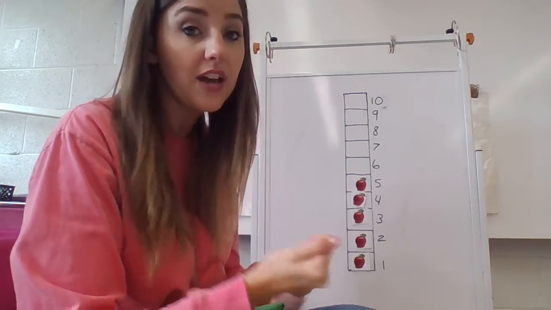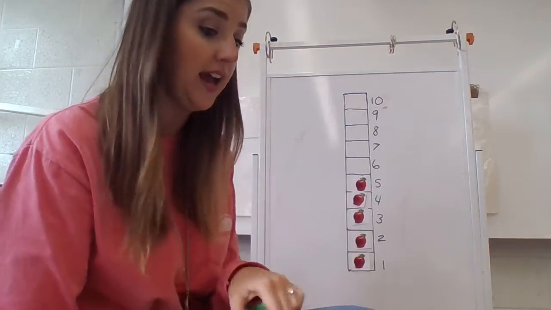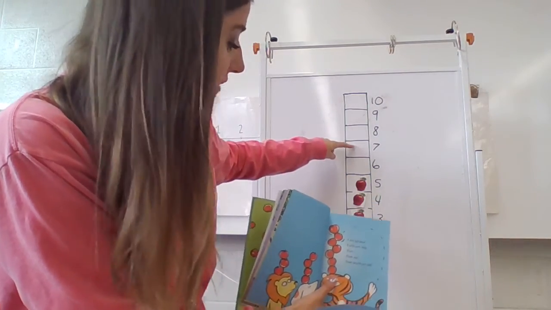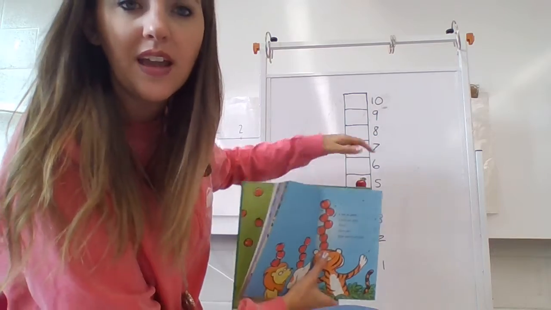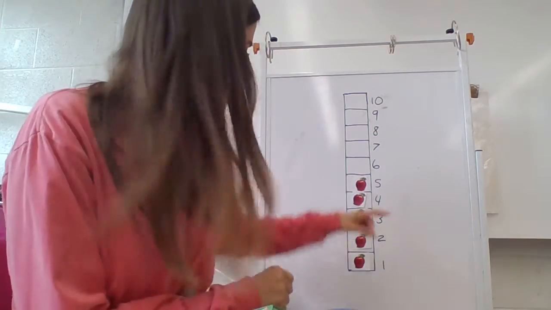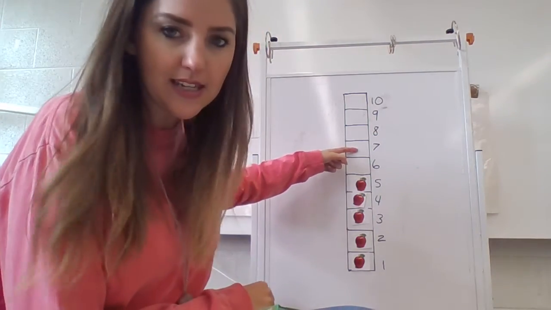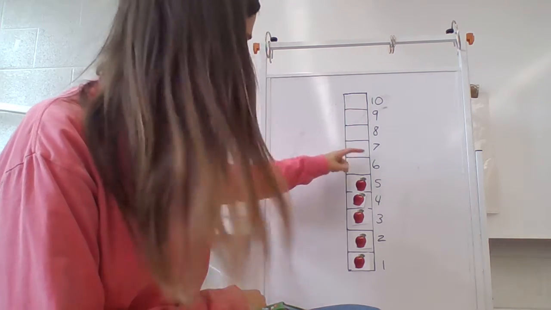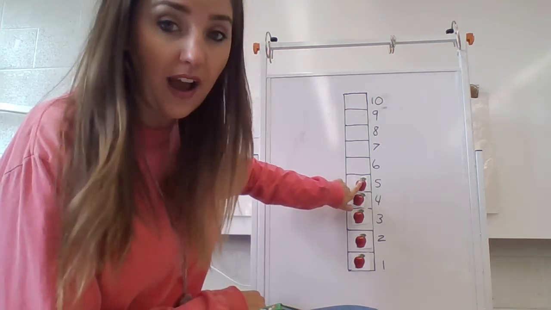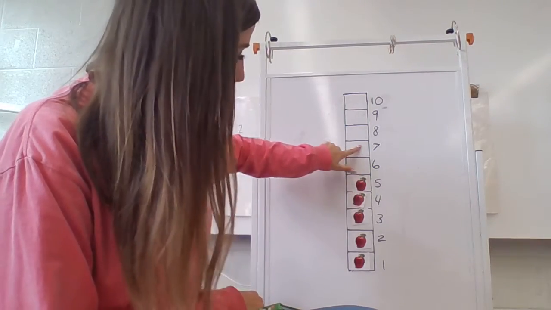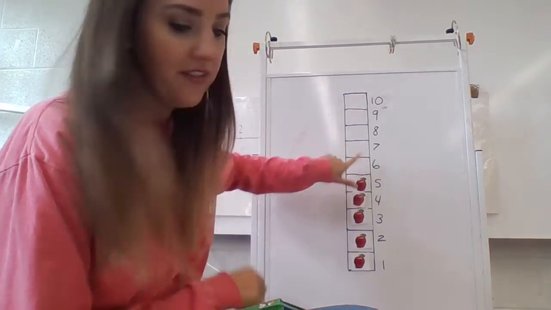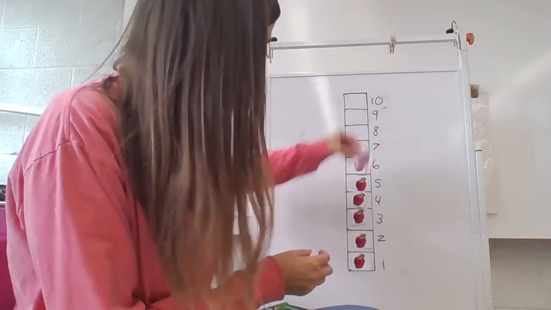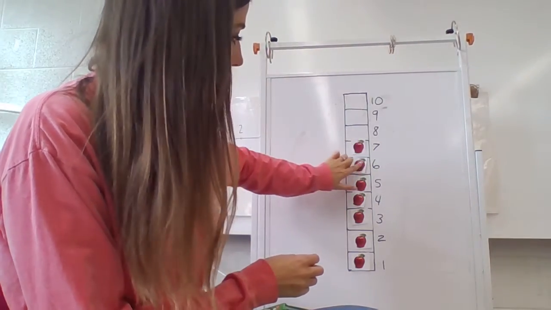So he had 5 apples on his head and said, now 6, now 7 on top. How many apples do we need to add to get to 7? We're already at 5. 1, 2 more gets us to 7. Let's add 2. 1, 2.